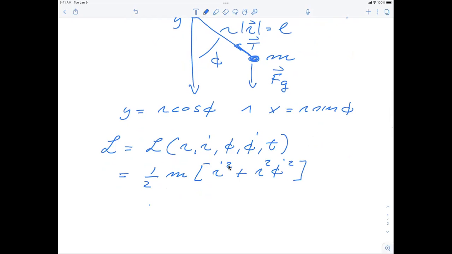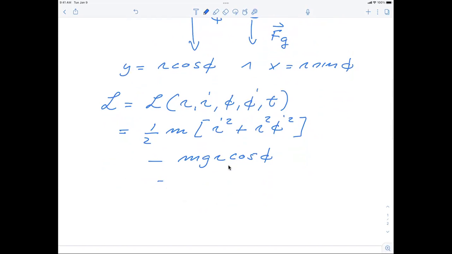And then we had the potential energy, which is minus m times g, and then we replace y with r times cosine phi. But then we had the constraint, plus a lambda multiplied with r minus L, because we're forcing r to be equal to L.